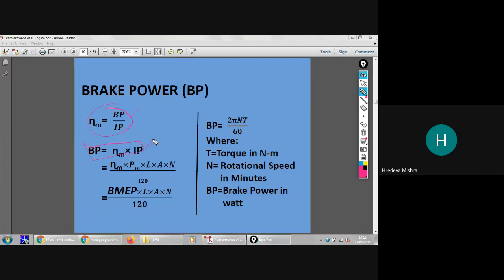We put the formula of IP, PM into L into A into N divided by 120. Where brake power is 2 pi N T divided by 60. From this formula we can directly calculate the brake power, and if we know the mechanical efficiency and the indicated power, then we use the other formula.